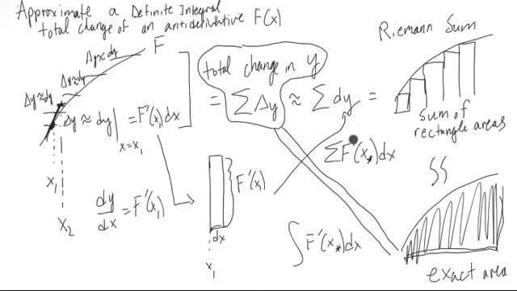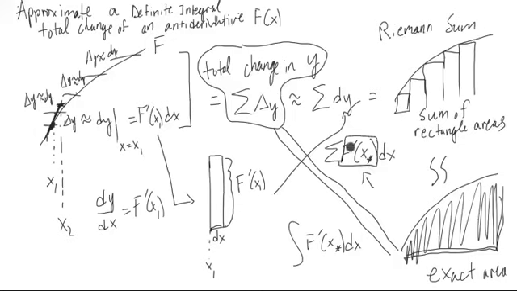So when we're adding up all the changes of y, we can approximate that by adding up these dy's, which is the same thing as adding up the value of the derivative in an interval multiplied by a little dx, which is just the length of the subinterval that we're working with. Now you see what this is.